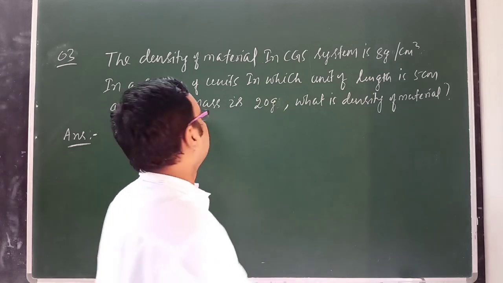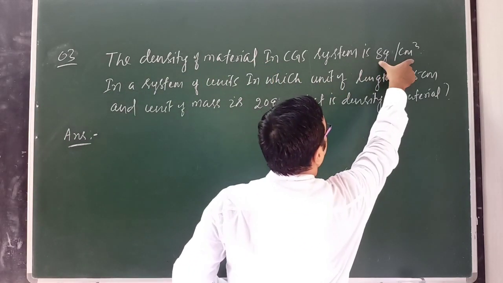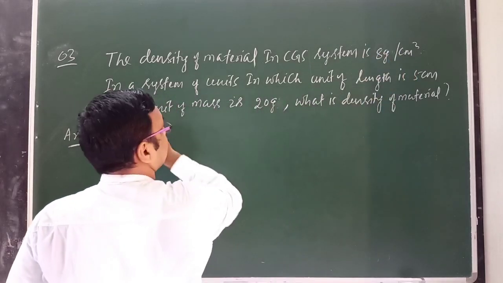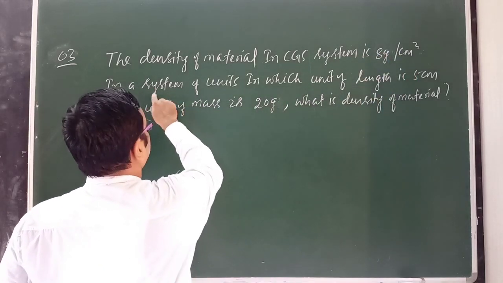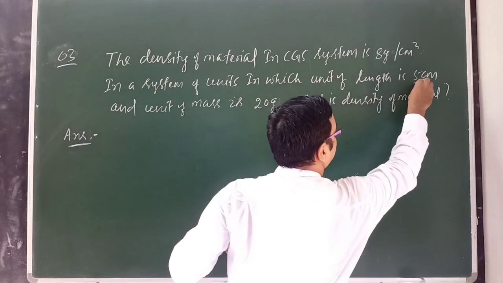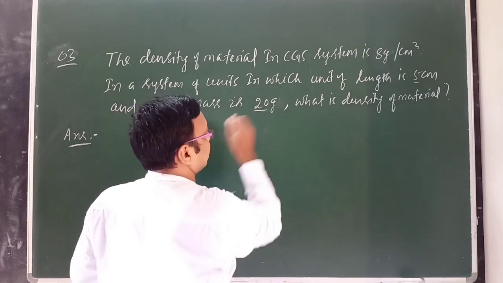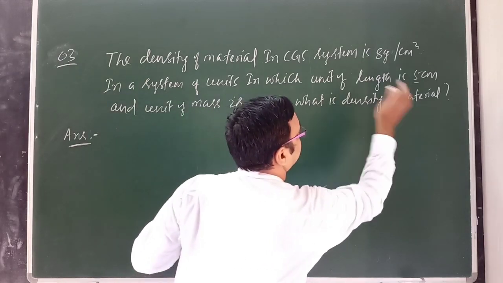But here, the density of a material in CGS system is given, and you have to find it in a system of units in which the unit of length is 5 cm and the unit of mass is 20 gram. Then what is the density of the material?